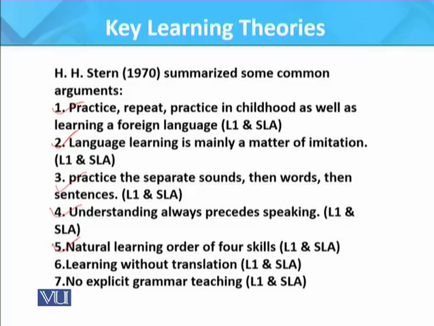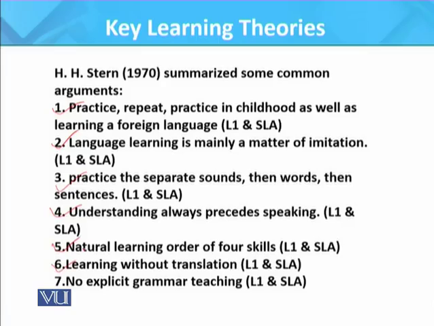Here, in first language acquisition, a small child listens and speaks, and no one would dream of making him read or write. Reading and writing are advanced stages of language development. The natural order for first and second language learning is listening, speaking, reading, and then writing.